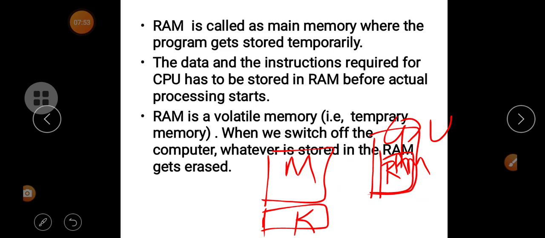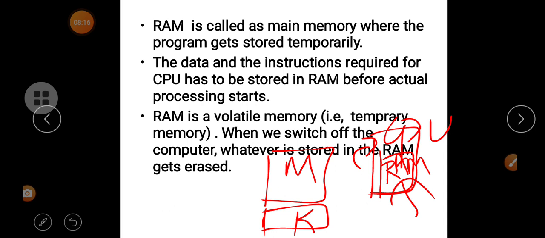Where is the processing done? Always the processing is done in the CPU. Okay, students, the data is stored in the RAM before actually starting the processing. This is what happens with respect to RAM.